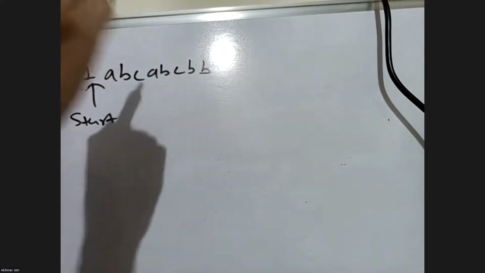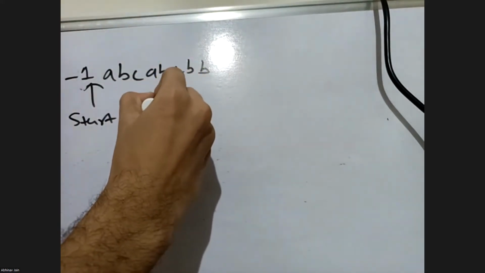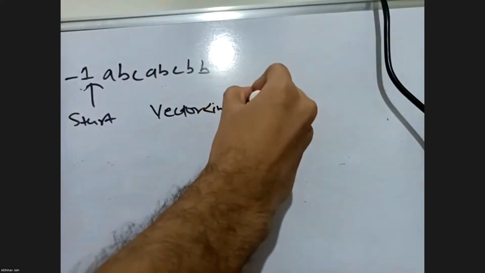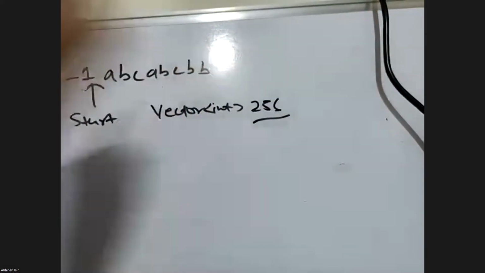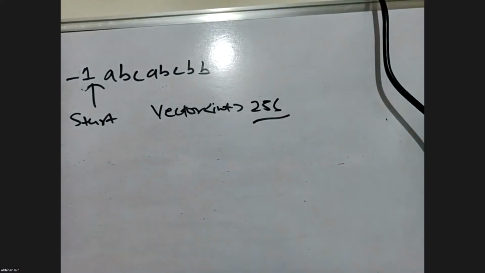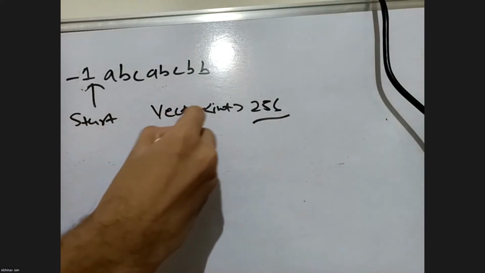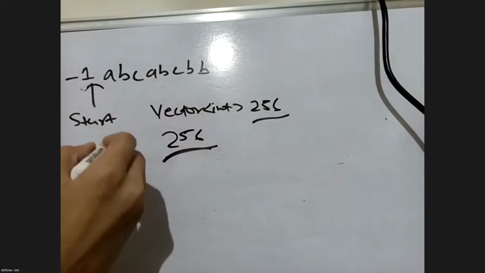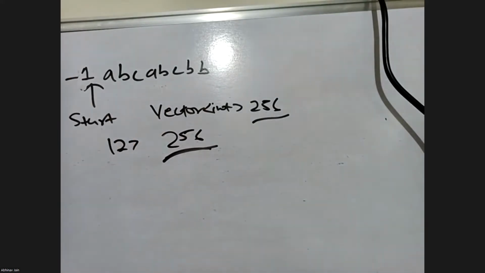As we know, we'll have to declare a vector of int of size 256. Why 256? Because the extended ASCII has 256 characters. We know the normal ASCII has 127 characters, but the extended ASCII has 256 characters. So we must take 256 to be on the safer side.